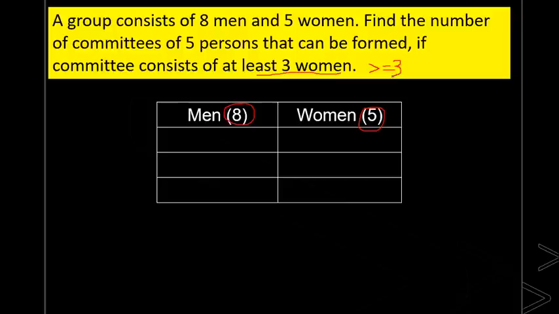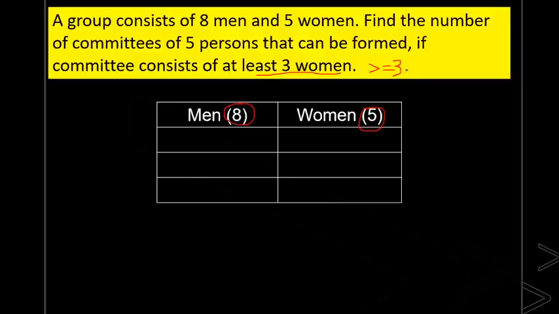That is what we mean here. When I say at least 35 marks, it means you should get 35 and above. So at least 3 means 3 and above.